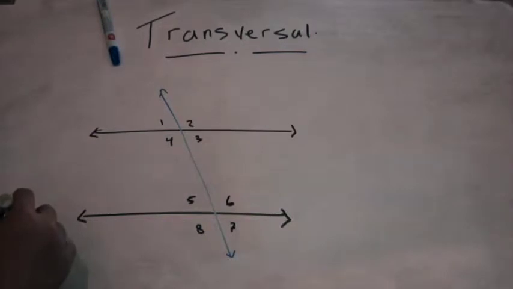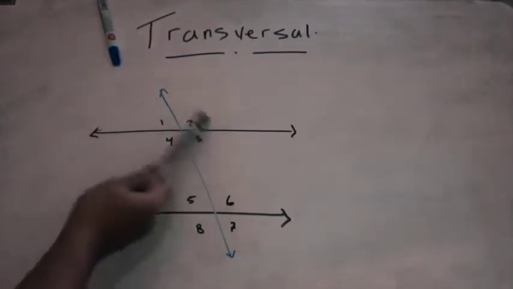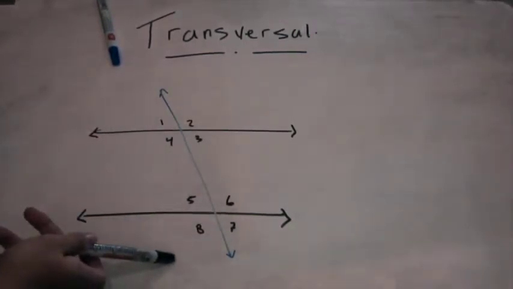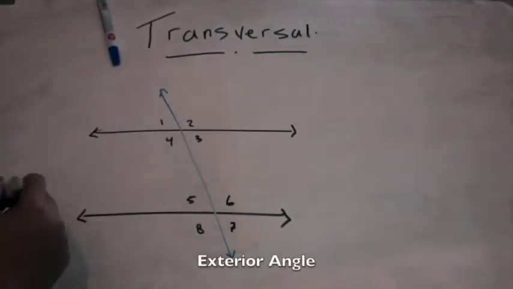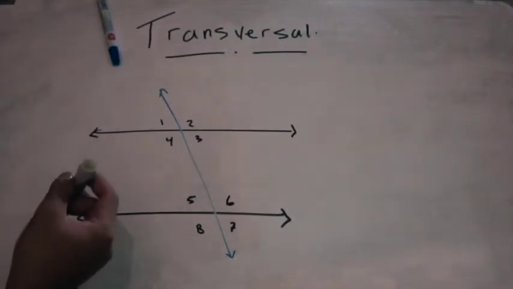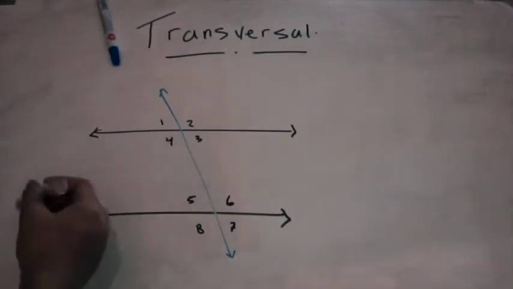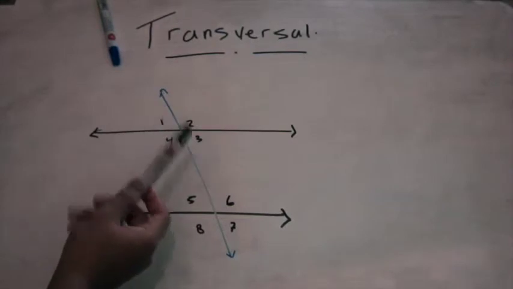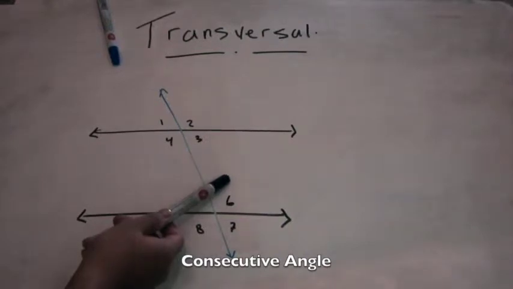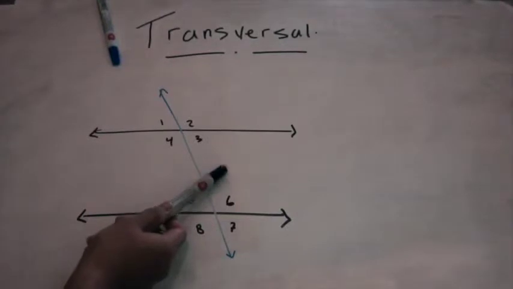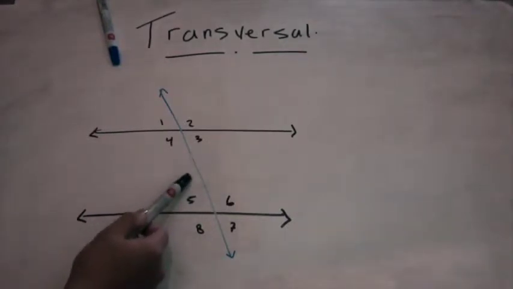That would leave 1, 2, 7 and 8 on the outside, and those are called the exterior angles. Also, angles can either be right next to each other, like 3 and 6 here, and those are called consecutive angles, or they cannot be right next to each other, which is like across or opposite, like 3 and 5.